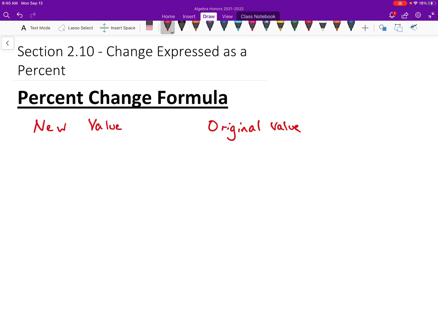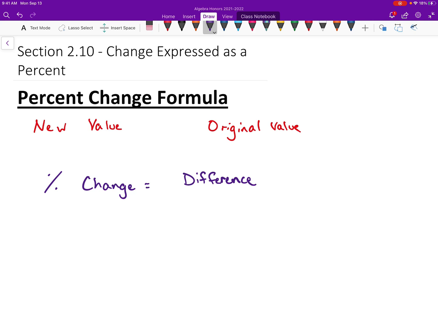We're looking at our original value and we're seeing by what percentage our value has increased or decreased to our new value. So really all we're going to do here is to find percent of change. We're going to calculate percent of change by doing the difference in the values.